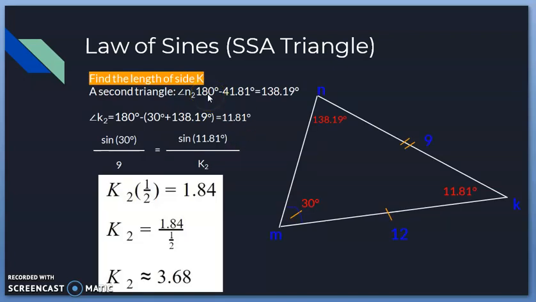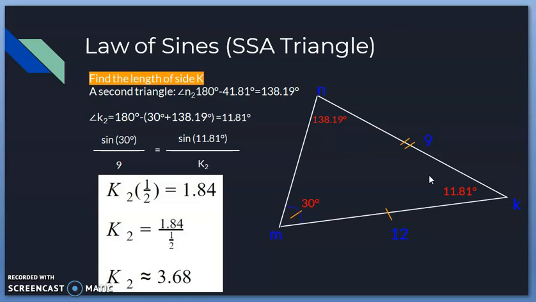So we know there's a second triangle because if we took our original angle N, which was 41.81 degrees, and we subtract that from 180, we could also have angle N be 138.19 degrees. So now this shows there's a possibility of a second triangle because when you add 30 to 138.19 degrees, which is our new value of angle N, we still have some degrees left over to create 180 total degrees in the triangle.